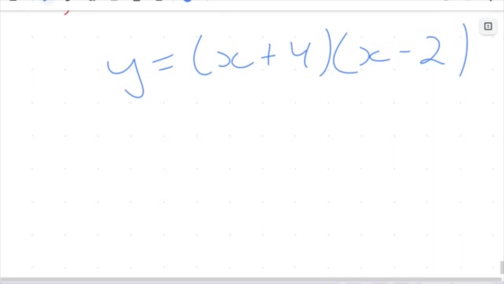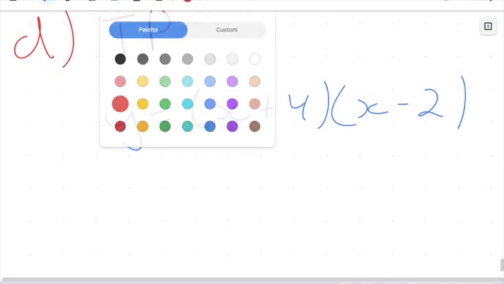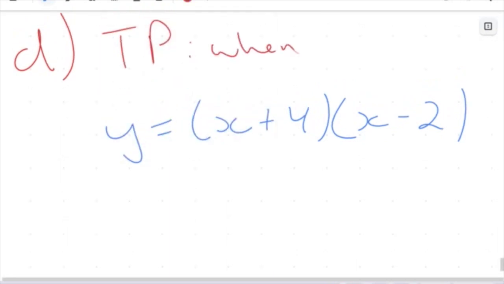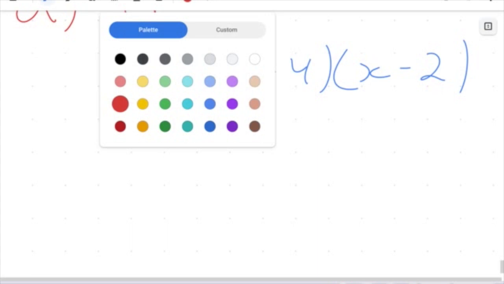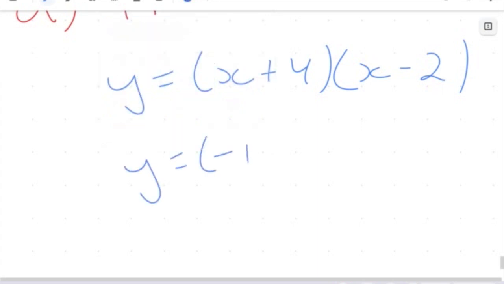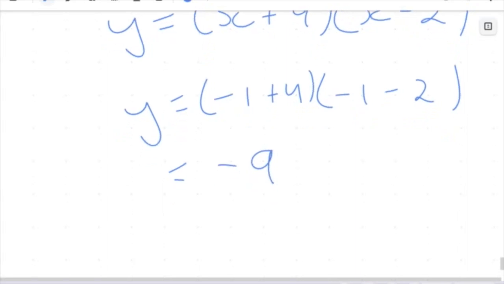For my turning point, my y coordinate happens when x equals -1. So my y is going to equal -1 plus 4 times -1 minus 2. So this gives me 3 times -3, which gives me -9. Therefore, my turning point is at -1, -9.